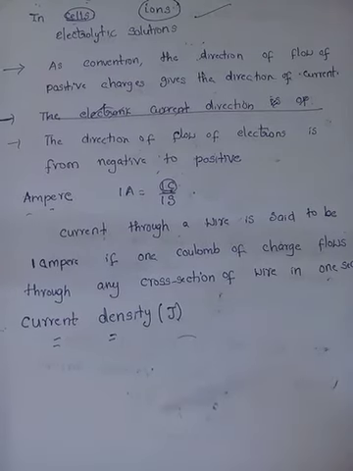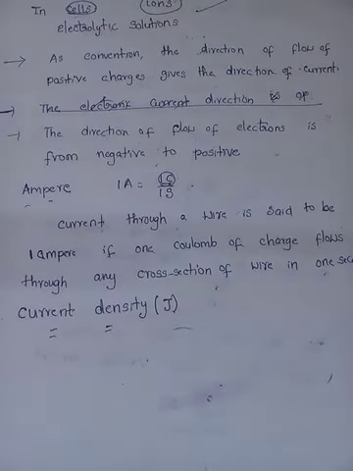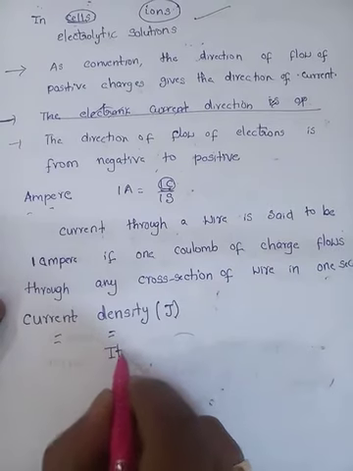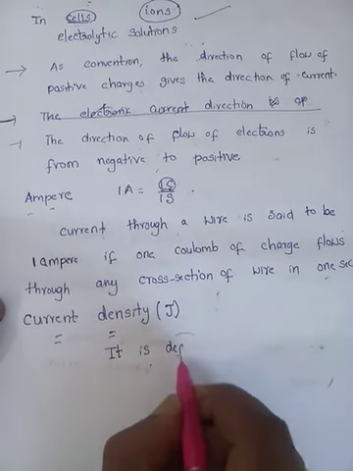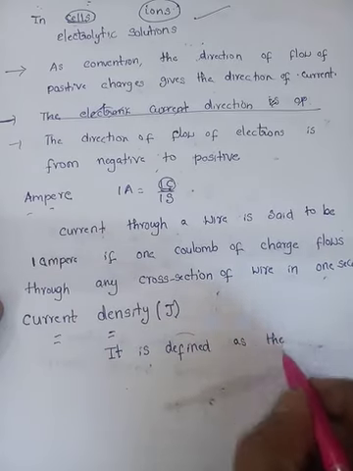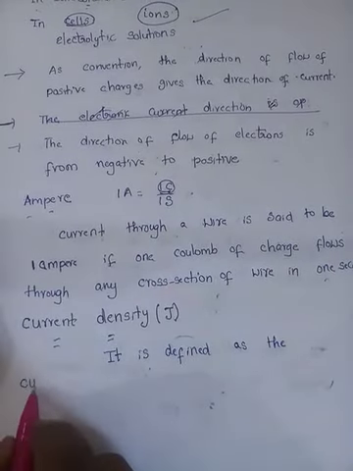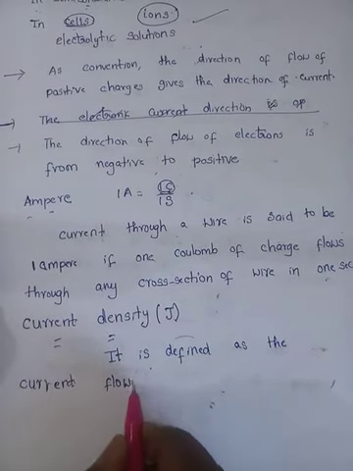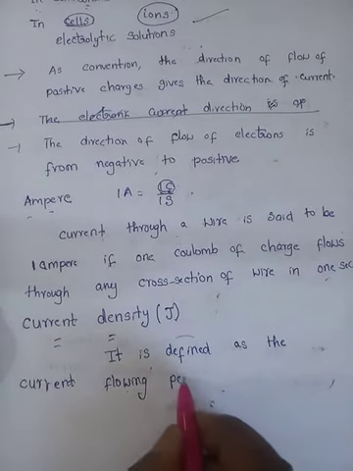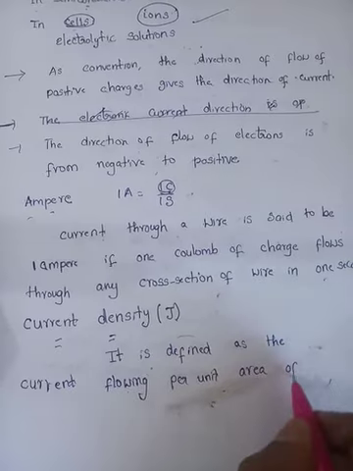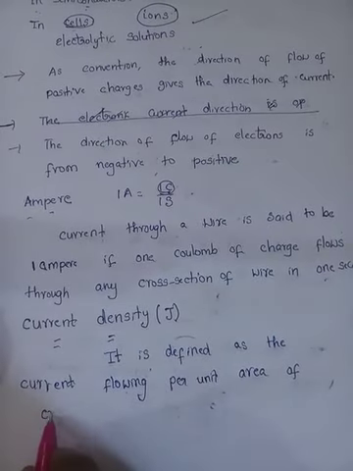Now we are going to learn a new definition of one more thing, called current density. What is current density? It is defined as current flowing per unit area of cross section.